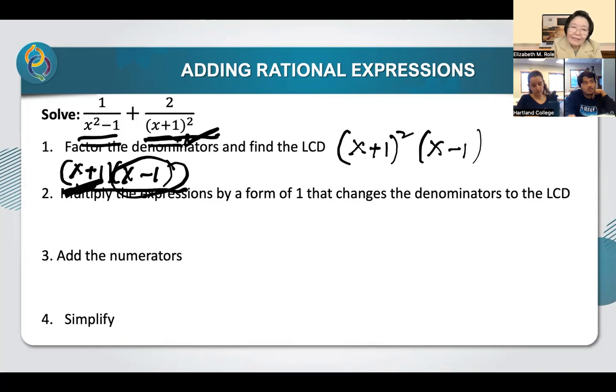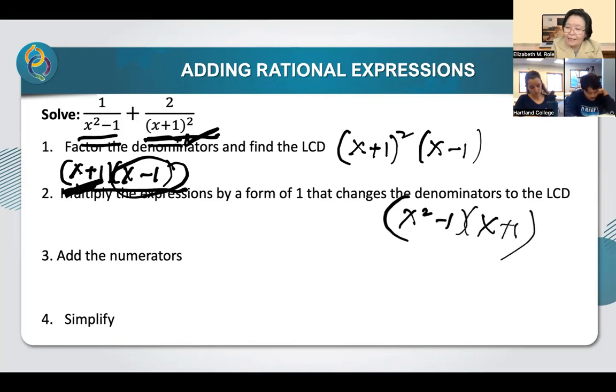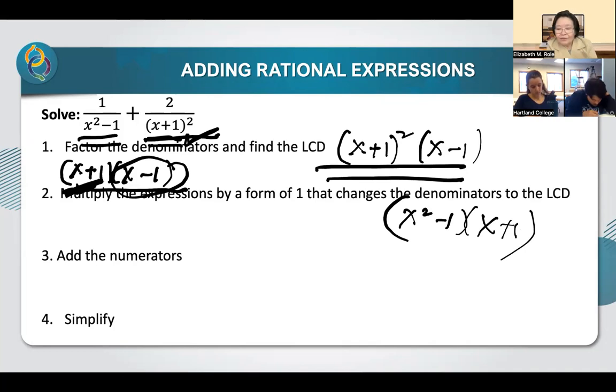But in the end, we want the final answer to be in factored form. So I suggest that you just use the factored one, because this one is the same as x squared minus 1 times x plus 1. That's okay. They are the same. But this is a more preferred LCD. Okay, thank you for that question.